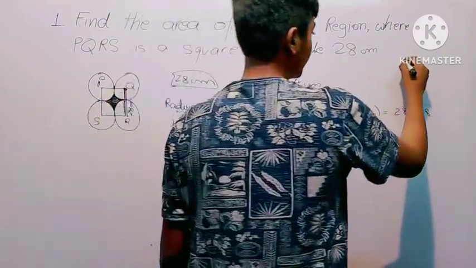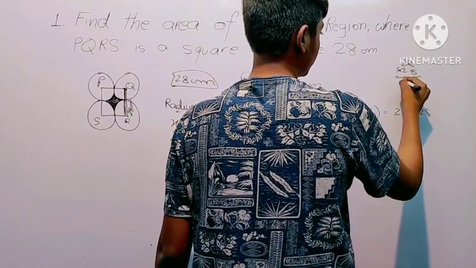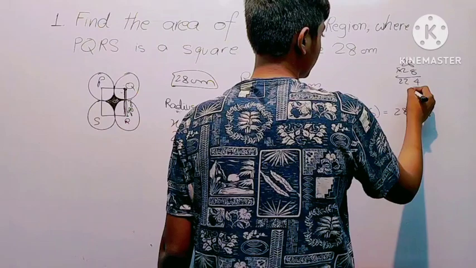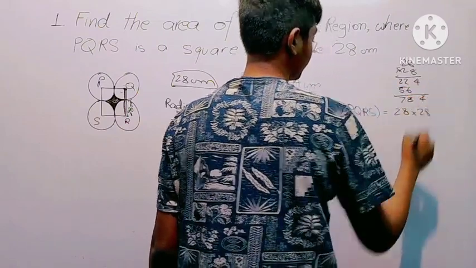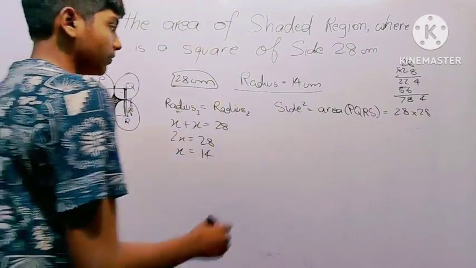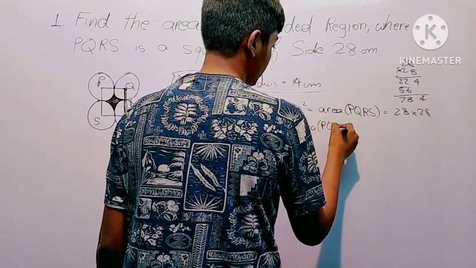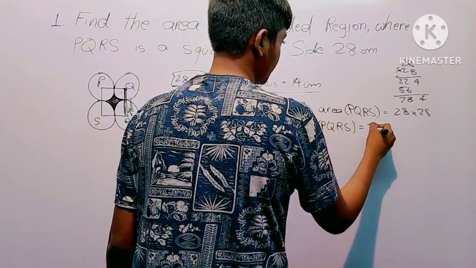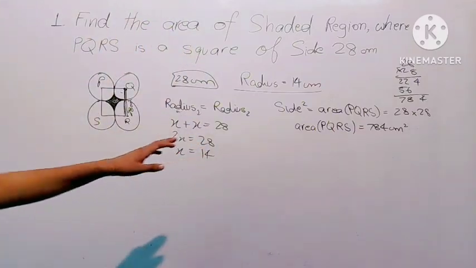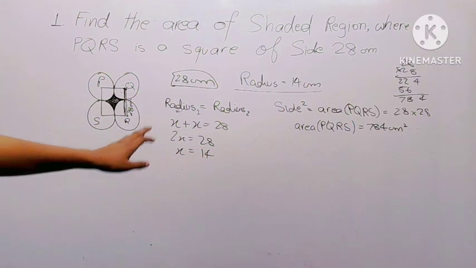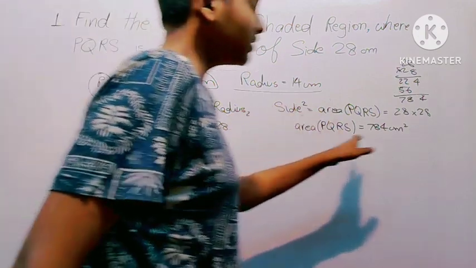What is 28 into 28? 784. So we get area of PQRS as 784 centimeter square.